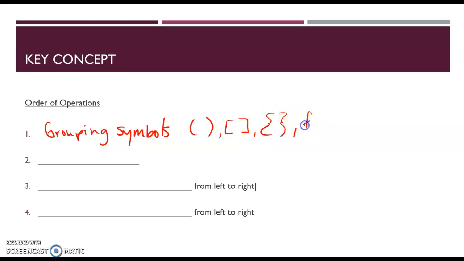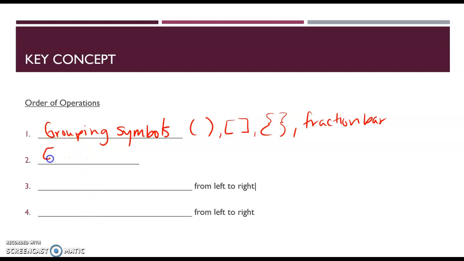But they can also be fraction bars. And we have an example where we use a fraction bar as a grouping symbol. And this is why I tend to use the term grouping symbols over just parentheses, because it's really anything that groups operations together. We should do those first.